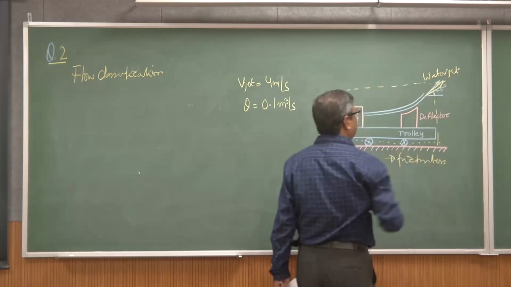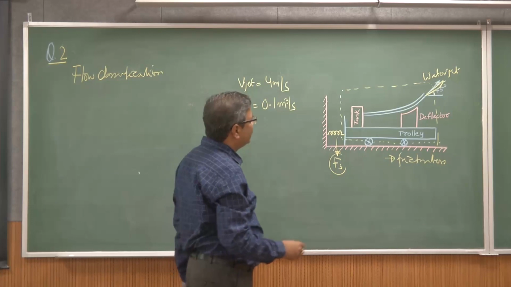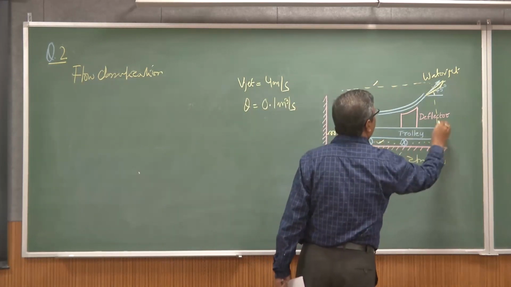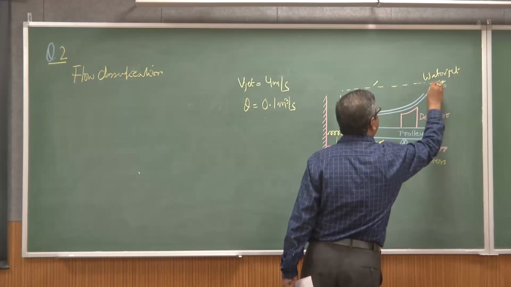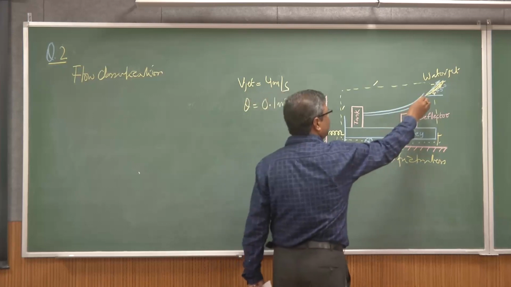Once I sketch this control volume like this, technically there is no flow anywhere except there is a flow jet which is going out from this. That's what is happening.